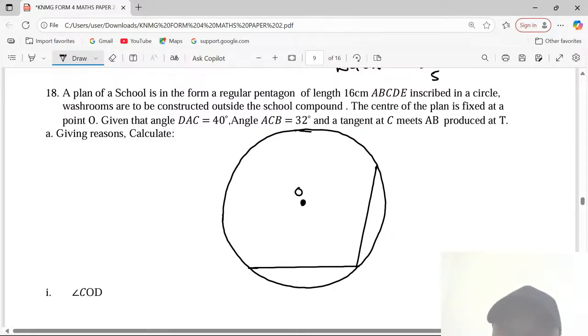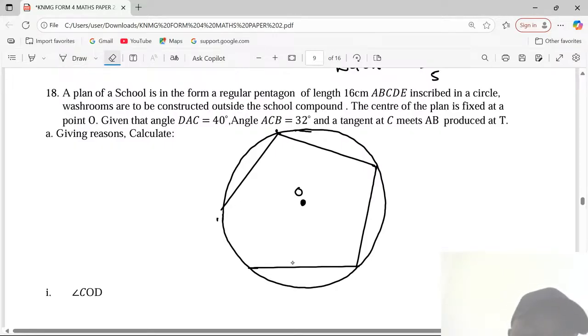Then we measure again 108. We produce the length. We measure again 108. Then we mark it off, and finally we connect.